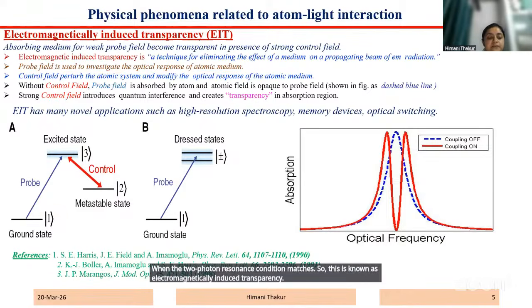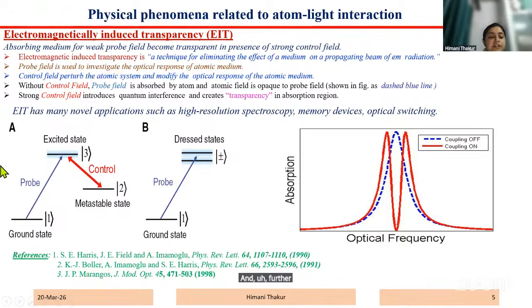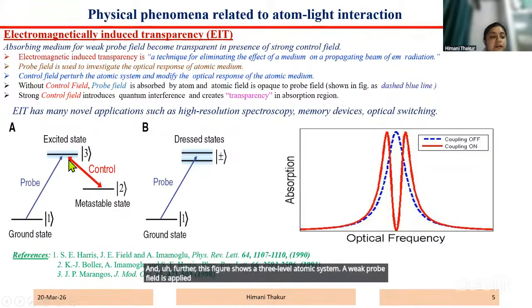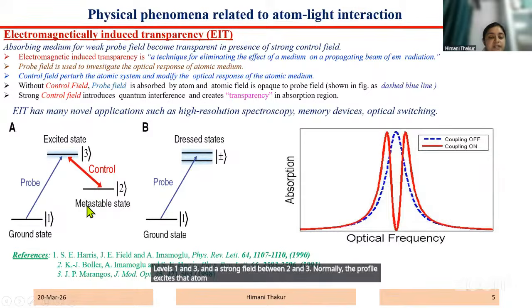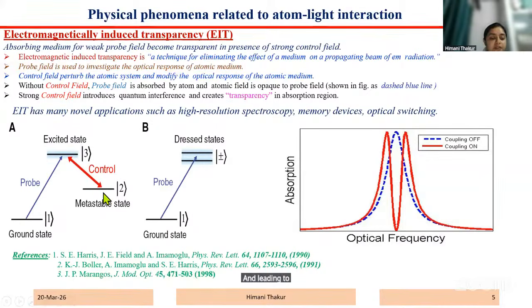Further, this figure shows a three-level atomic system. A weak probe field is applied between levels 1 and 3, and a strong field between levels 2 and 3. Normally the probe field excites the atom to the excited state, so it gets absorbed, but when the control field is applied, it creates coherence between the states, leading to quantum interference.